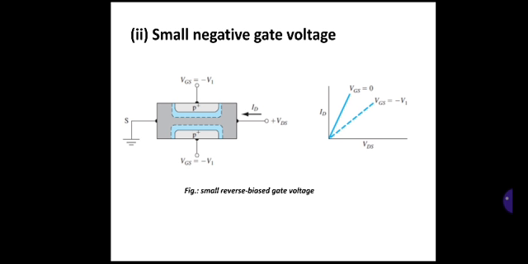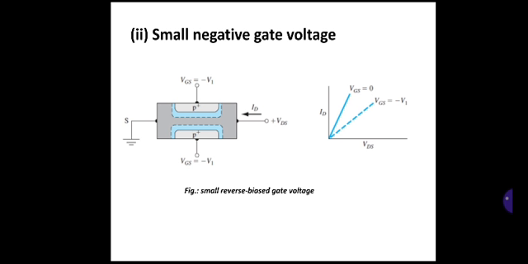That's why the resistance of the N channel increases. So observe the characteristics diagram: the slope of the ID versus VDS curve for a small VDS decreases.